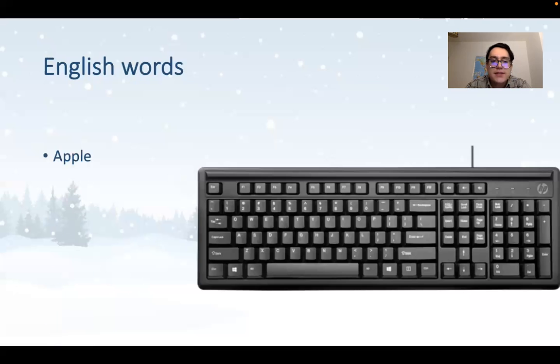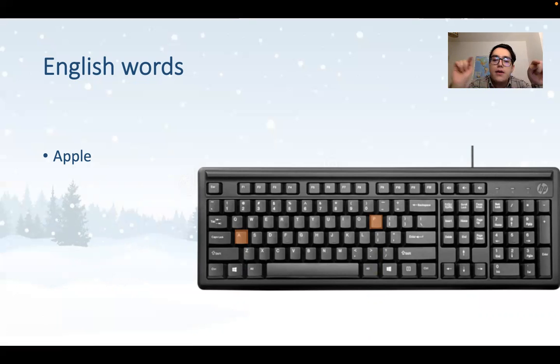So let's practice some English words. Where do you need to place your fingers to type apple, for example? If you want to find A for apple, you can find it on your keyboard here in the middle on the left part. If you want to write P, you find it here. You press it 2 times.